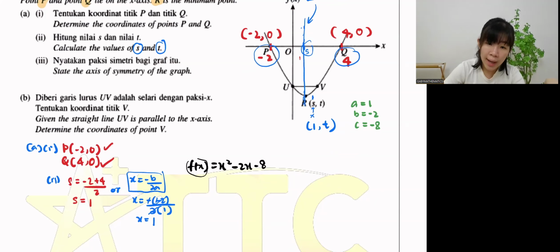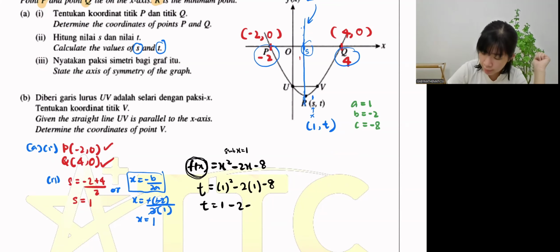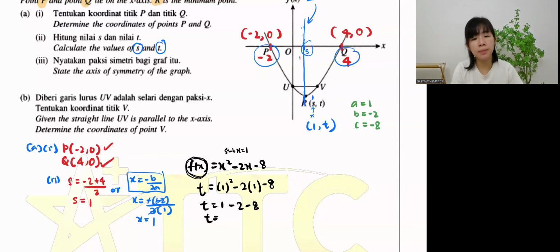Y is t. So I want to find t. When x is 1, f(x) is 1 squared minus 2(1) minus 8. We sub x equals 1, so t equals 1 minus 2 minus 8. So t is negative 9.